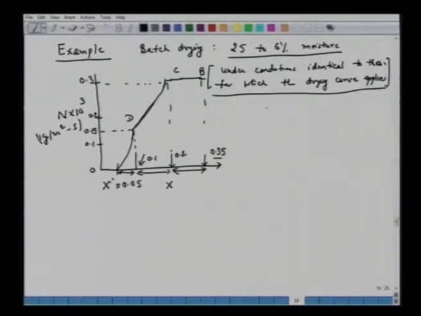Now we say that moisture content is 25 to 6% moisture. Total solid weight is 160 kg. The area for drying available is 1 meter square per 40 kg of dry weight.